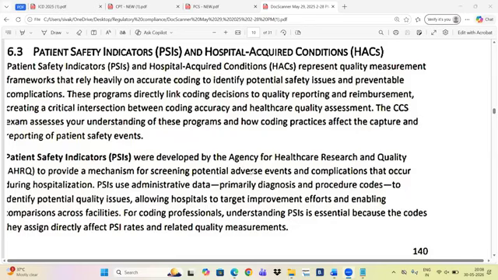What are adverse events and complications? First, adverse events means adverse effect, poisoning, medication, late effect.